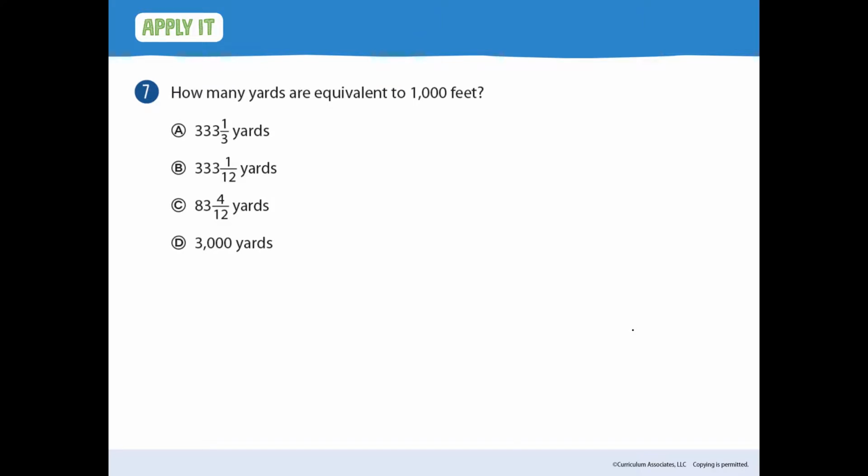Number 7, how many yards are equivalent to 1,000 feet? Okay, there are 3 feet in a yard. So if I do 1,000 divided by 3, 3 goes into 10 3 times. 3 times 3 is 9, and when I subtract, I have 1 left over.